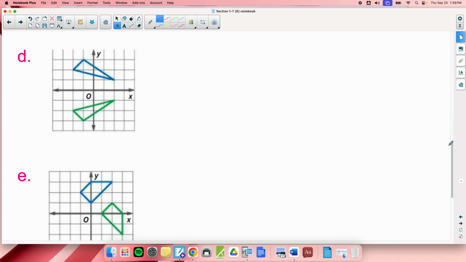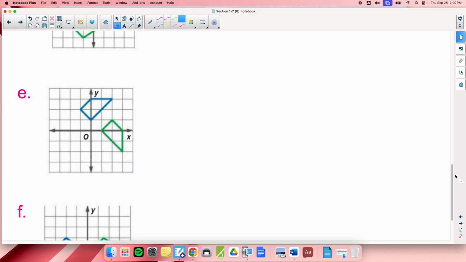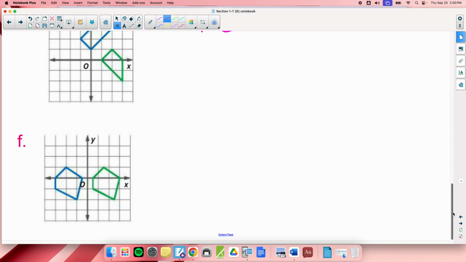This is a reflection over what? The x-axis. Very good. Okay. Then if I look at E, what do you guys think on that? Rotation. Rotation. Yeah. And then, how about this one?